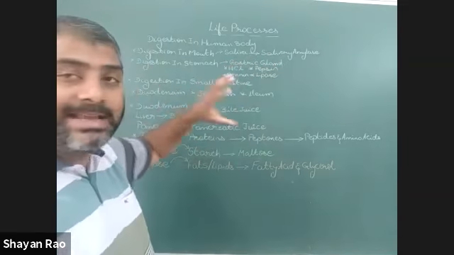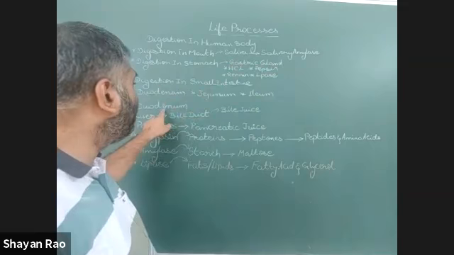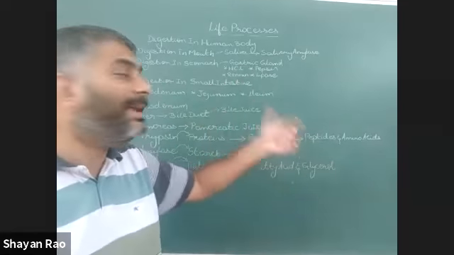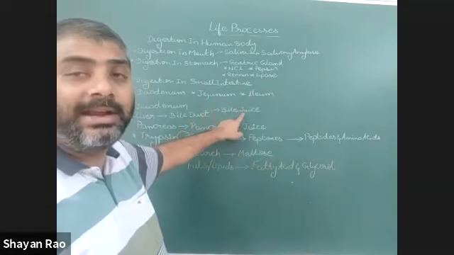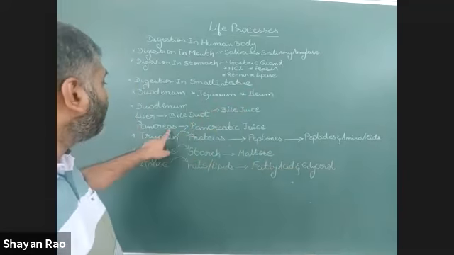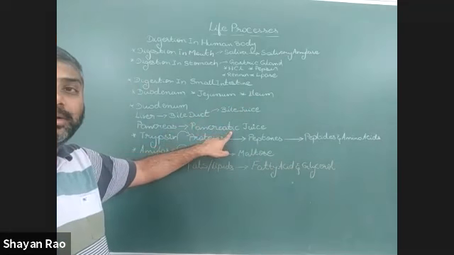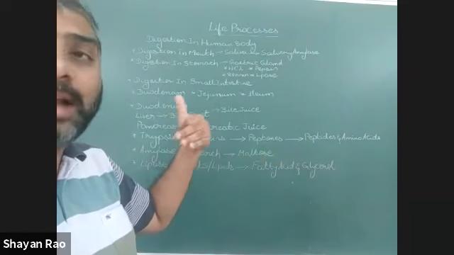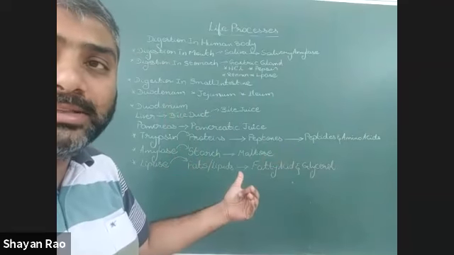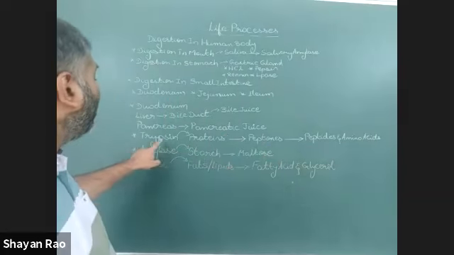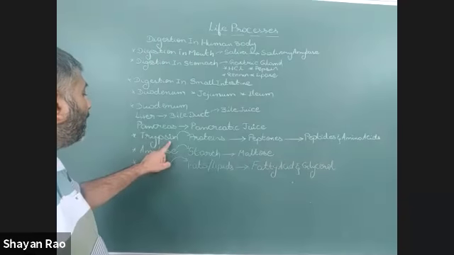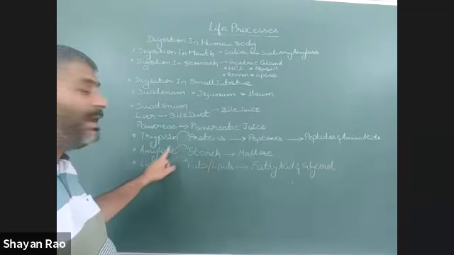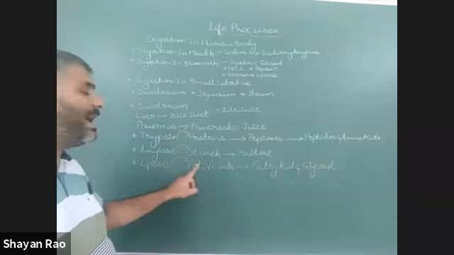When the digested food comes to the duodenum, it is acidic, but it needs to be converted to an alkaline medium, for which the bile duct secretes bile juice. Only then does the pancreas secrete pancreatic juice, which can act on the food only when the food is alkaline in nature. At that time, three enzymes are required: trypsin, amylase, lipase. Trypsin acts on proteins, amylase acts on starch, lipase acts on fats.